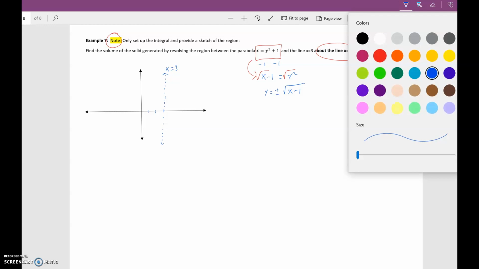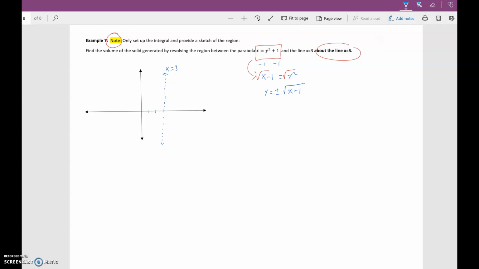So this region has a vertex at 1, 0, a starting point at 1, 0 for these two, and then they go in this direction.